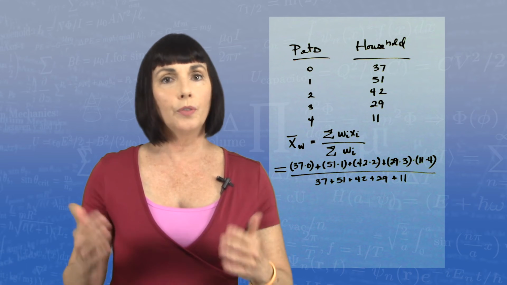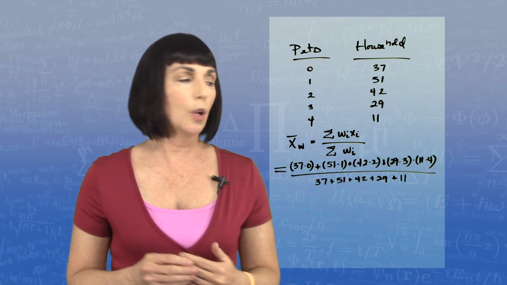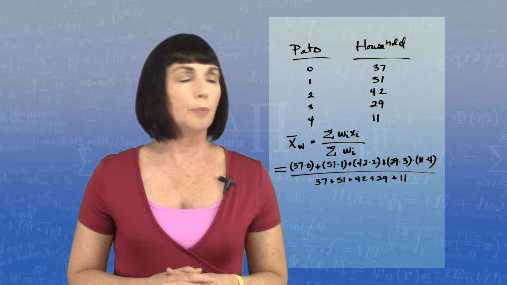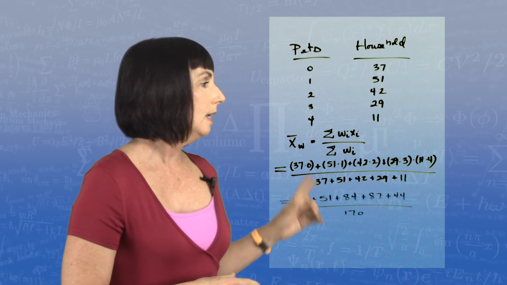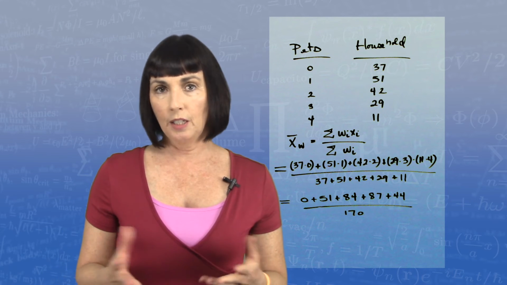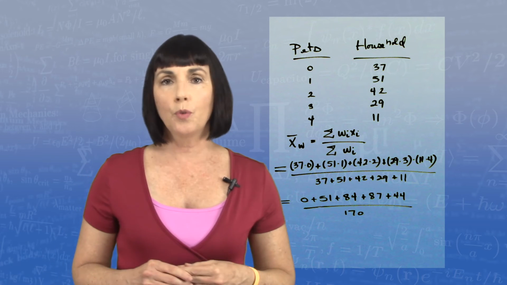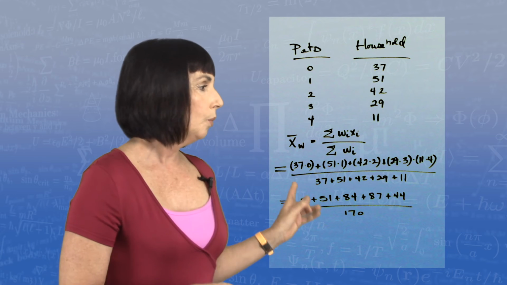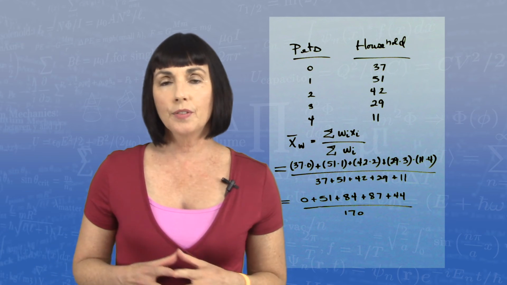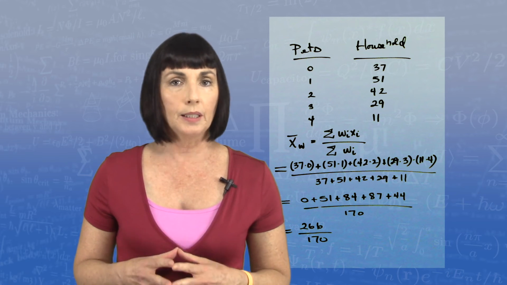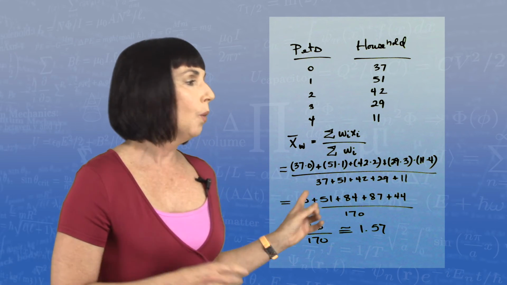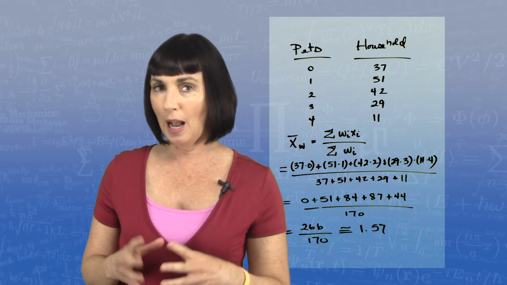And that's all over the sum of all our weights. So 37 plus 51 plus 42 plus 29 plus 11. On the top, we get 0 plus 51 plus 84 plus 87 plus 44 all over 170. And that gives us 266 over 170, which is approximately, rounded off, equal to 1.57 pets per household.